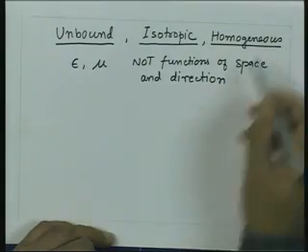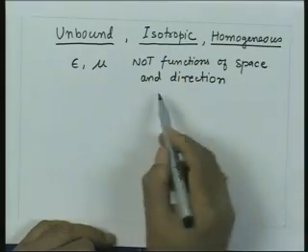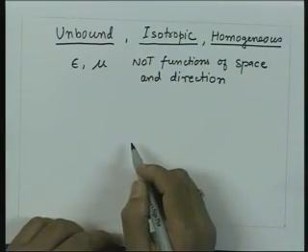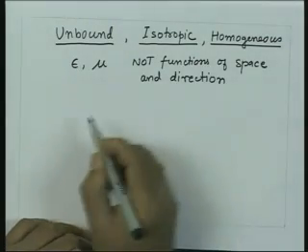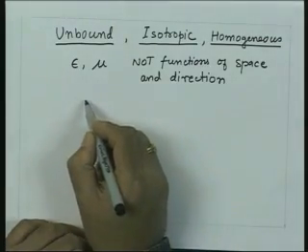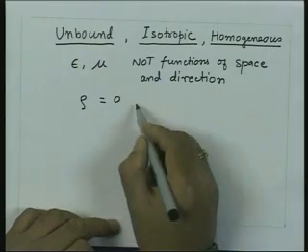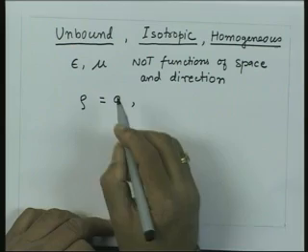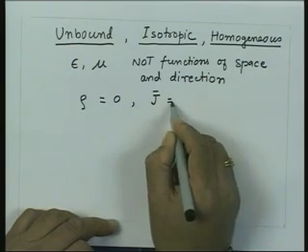Homogeneous means they are not a function of space, and the isotropic nature means these quantities are not functions of direction. Then we assume there are no sources, so the charge density rho is equal to 0 in this medium. Also the current density is 0, so J is also equal to 0 in this medium.